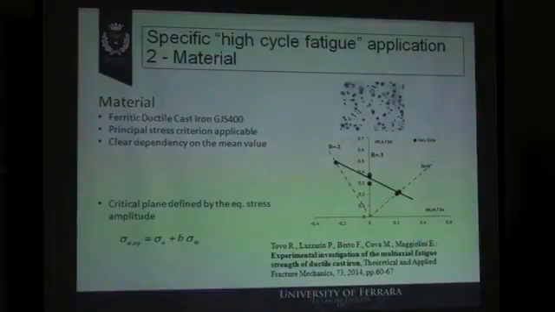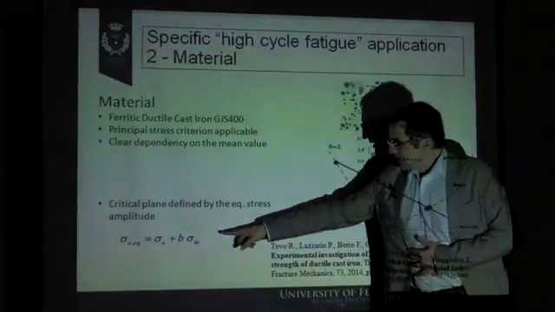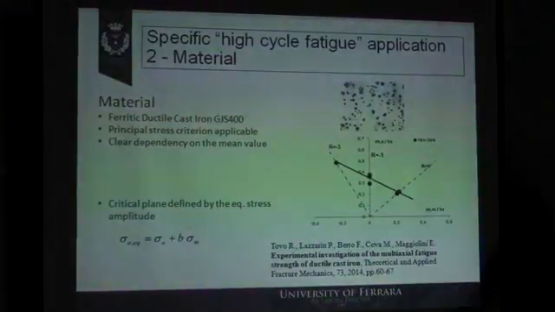So the mean value of stress has a great influence on the fatigue strength. Here we have experimental data. This is not uniaxial. This is a summary of several kinds of multiaxial tests with different degrees of biaxiality and even considering out-of-phase loading. And we can summarize with a very simple equivalent stress.